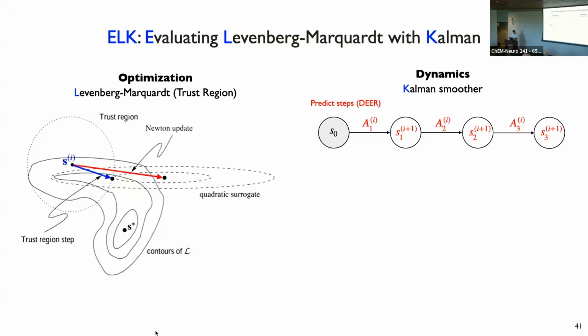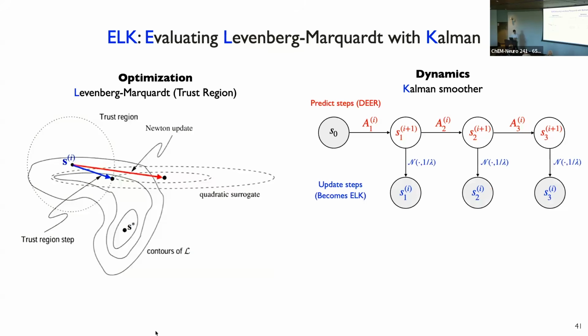In this setting, it's going to evolve linearly because our DEER steps are linear. But what if you get updates from it over time? Those updates stabilize your best guess for where that state is, and therefore restrict the dynamics. It's not just the dynamics running on its own, they're being stabilized by your observations from them. So this is the Kalman smoother. It's often used in dynamics for this purpose.